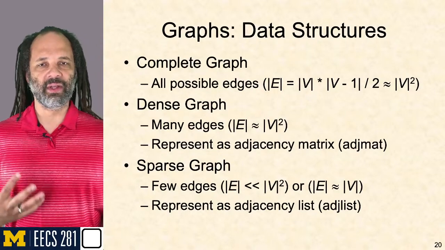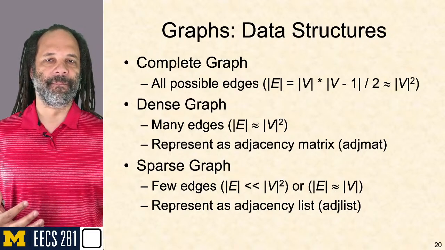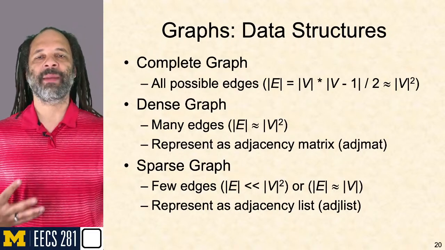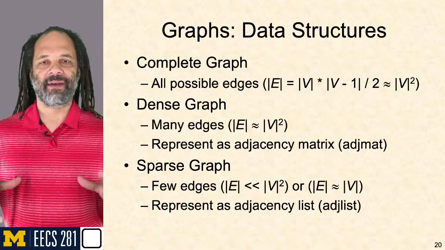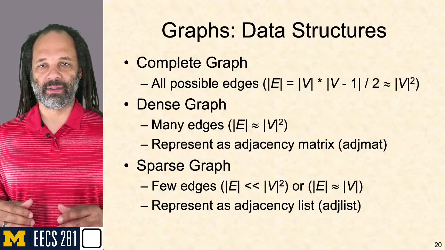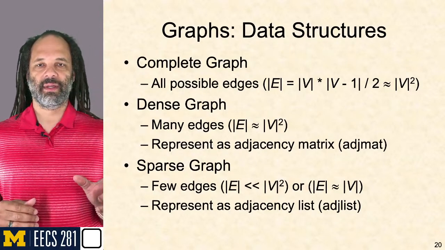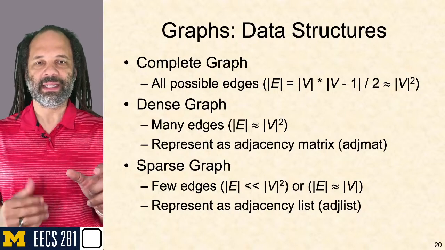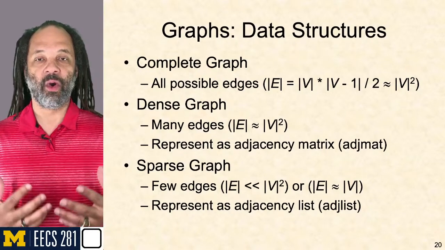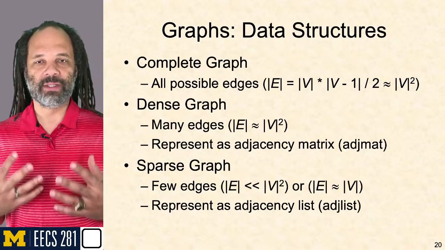So this is kind of a loose definition, but you can think of, if I add a bunch more points, how many more edges do I add? So if I've got a dense graph, I've got 100 points, and I add 5 more points. Each one of those 5 points needs to have approximately 100 more edges coming out of it, because it needs to be connected to most of the other things.